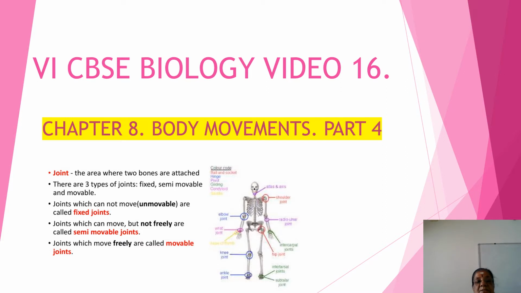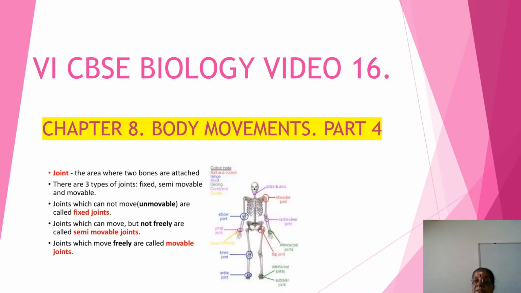Joints which cannot move are immovable and are called fixed joints. The joints which can move but not freely are called slightly movable or semi-movable joints. And joints which move freely are called movable joints. I hope you follow this.